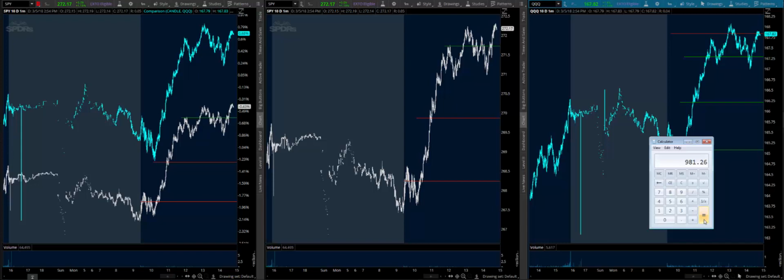More profit. Okay? But we had a third position that we added right here at 166.28.